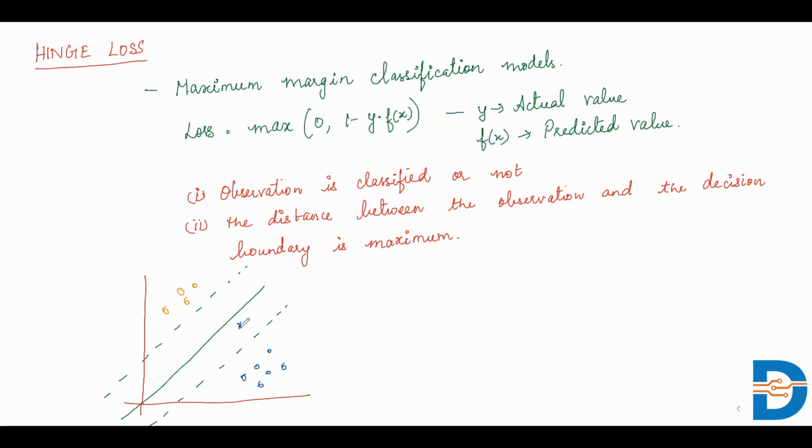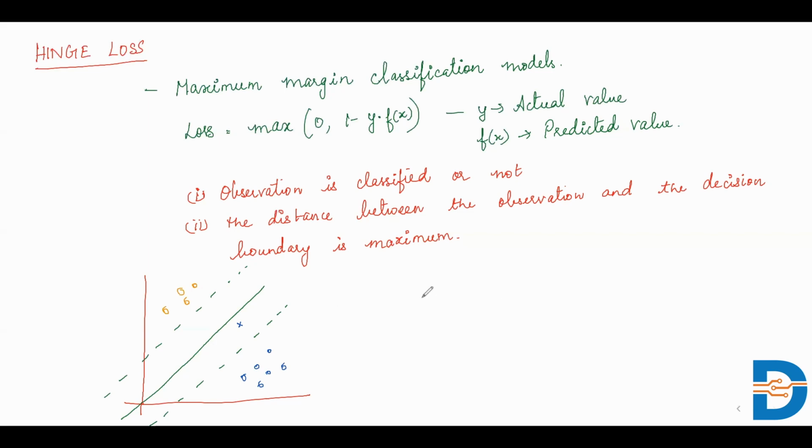If you see, this is properly classified. It actually belongs to the blue class and is classified into the blue class. But though this is a proper classification, the hinge loss is going to be greater than 0, because the distance between this observation and the hyperplane is very, very small.